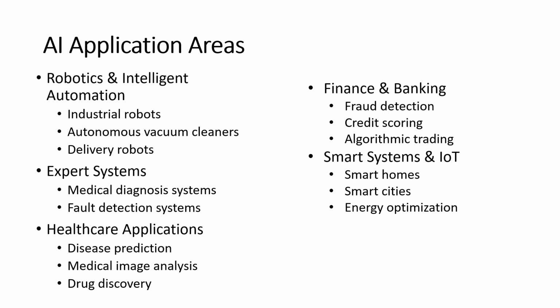We already discussed in computer vision that X-ray and MRI can be analyzed. Then drug discovery. Next is finance and banking. There we can use AI for fraud detection, credit scoring, and algorithmic trading. Then next application area is smart systems and IoT. Most commonly used AI includes smart homes, smart cities, energy optimization, etc.